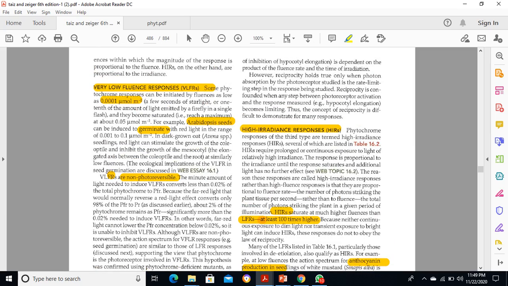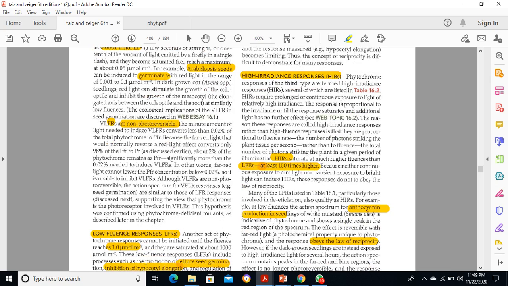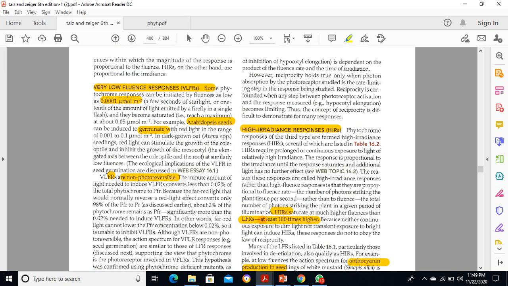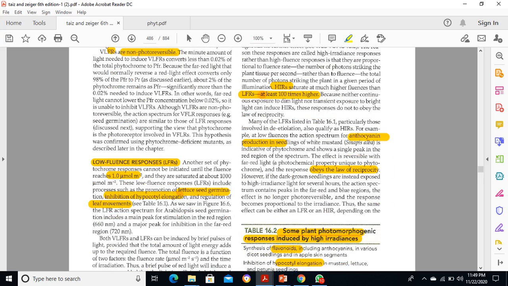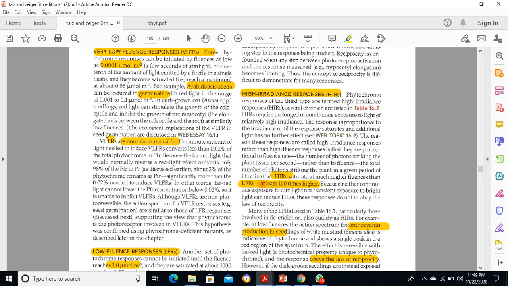Okay, now we are going to discuss some phytochrome responses. Phytochrome responses can be of three types: very low fluence response, low fluence response, then high irradiance response.